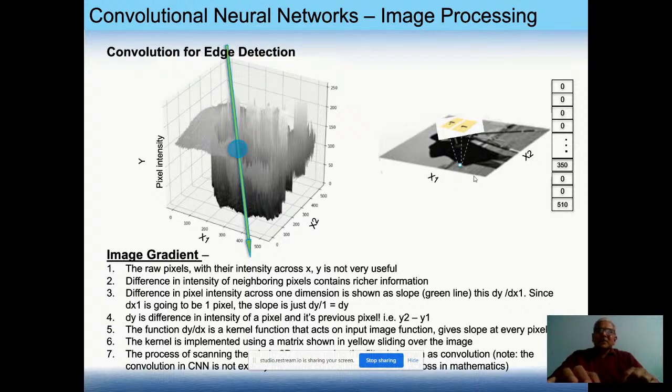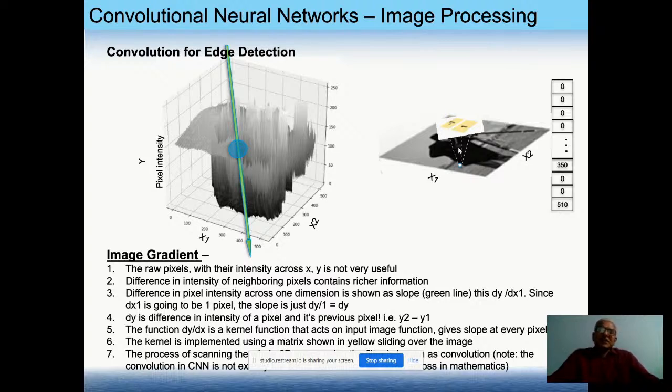So this process of using a filter to scan an original image function, and in the process finding out the positions where the intensities change drastically, this process is called convolution. Of course, the filter which I've shown you here is not as simple as this. This is just for example.